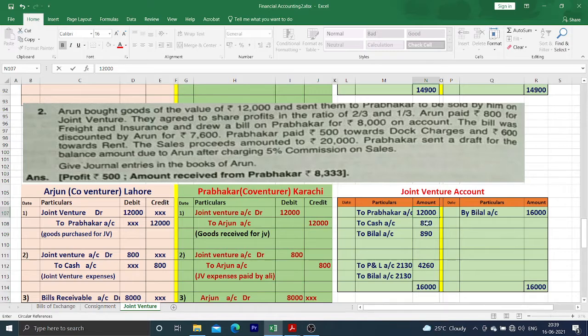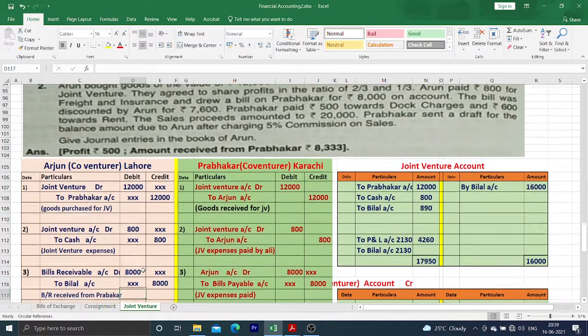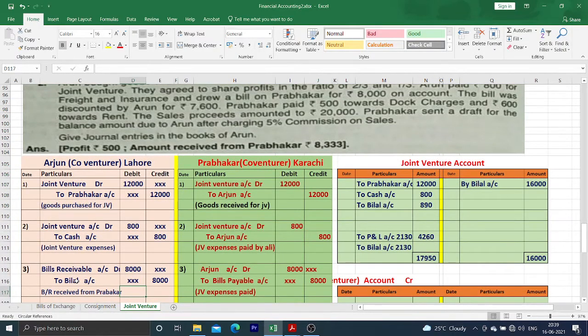Joint venture account debit to cash 800. Bills receivable account debit to Prabhakar account. Not Bilal, Bilal is the old one. So under Prabhakar account, this is Prabhakar account.